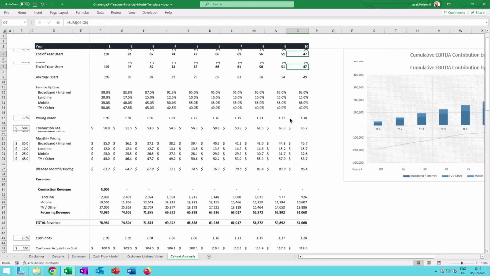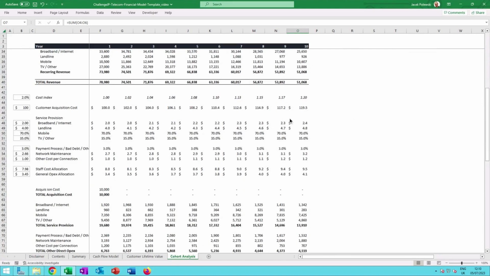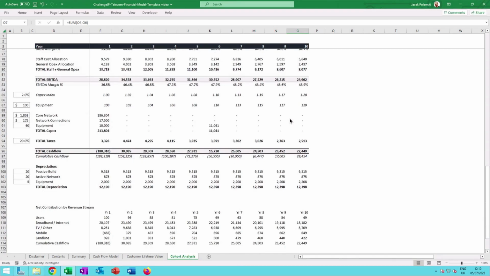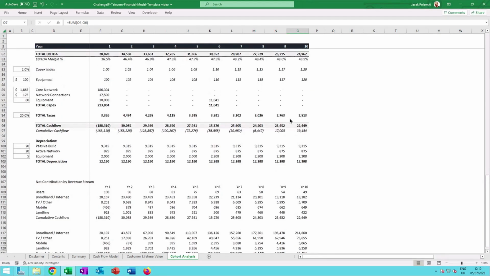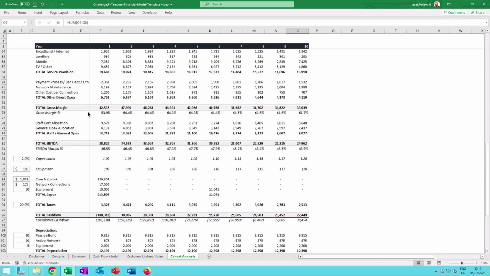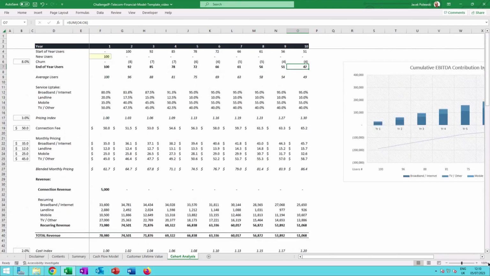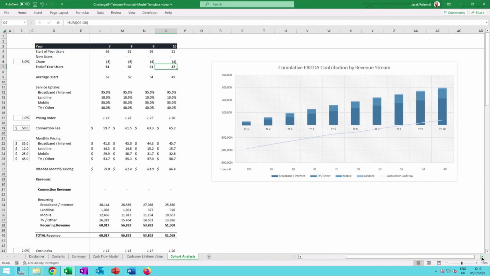And then, again using the assumptions in the model, you can calculate the cash flow from that cohort of 100 customers, with the contribution to the gross margin, EBITDA, and then the overall cash flow. Okay, and then here I've summarized that in a graph, which allows you to see the overall cumulative cash flow over the 10 years of the lifetime of those 100 initial users.